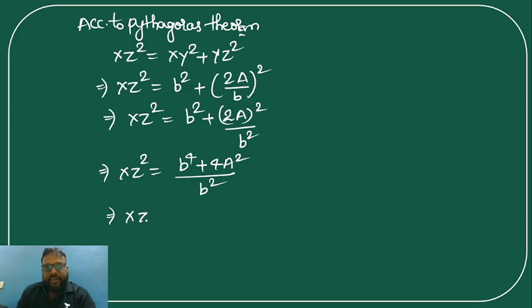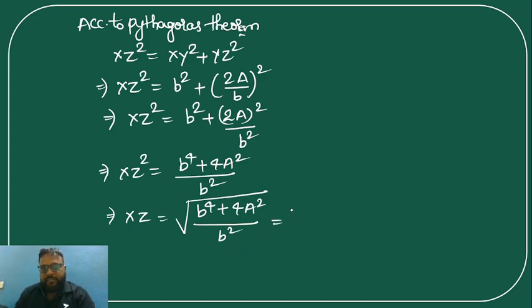Now xz is equal to, when the square goes to that side it becomes root, under root of b to the power of 4 plus 4a square by b square. When you separate the root, I will get this as under root of b to the power of 4 plus 4a square by b. Now I got the exact value, right?